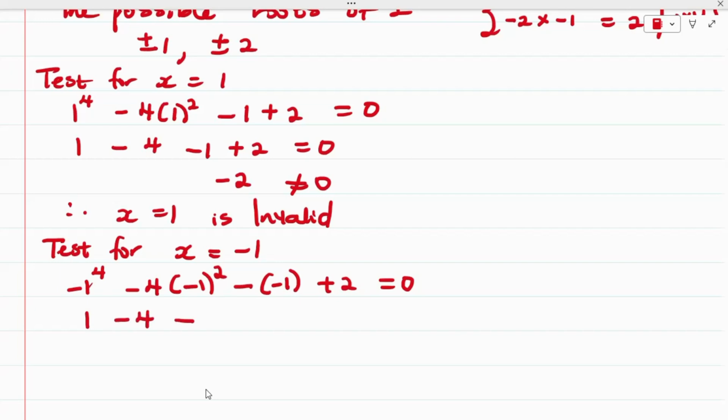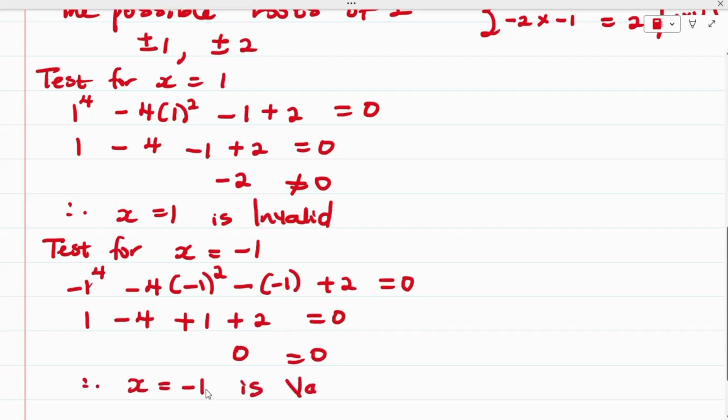Minus times minus is plus 1, plus 2, and this is equal to 0. 1 minus 4 is minus 3. Minus 3 plus 1 is minus 2. Minus 2 plus 2 is 0, which is equal to 0. So therefore, we have been able to find a possible root, and that is x equals negative 1. So this is valid. So we are going to work with this right here.